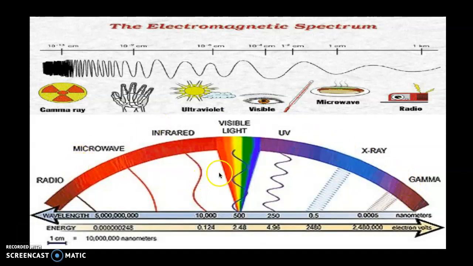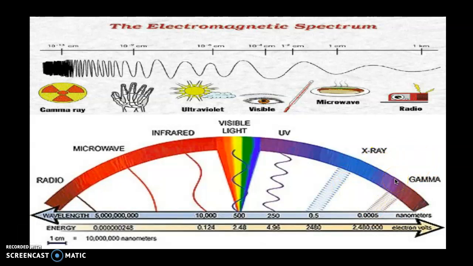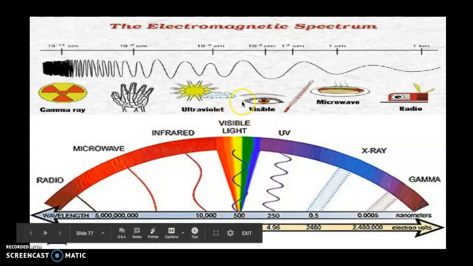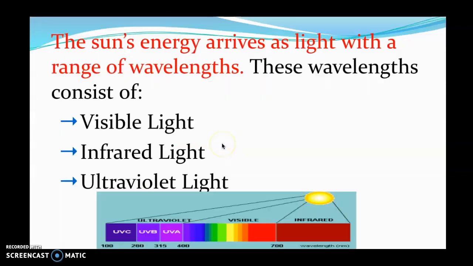So some of these forms of light get taken out by our magnetosphere and our atmosphere, and what we end up with most is visible light, right? And inside of that we have the more energetic forms of visible light, like purple and blue, and the least energetic forms of visible light, red and orange.